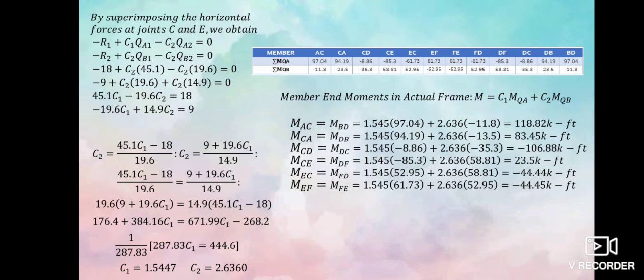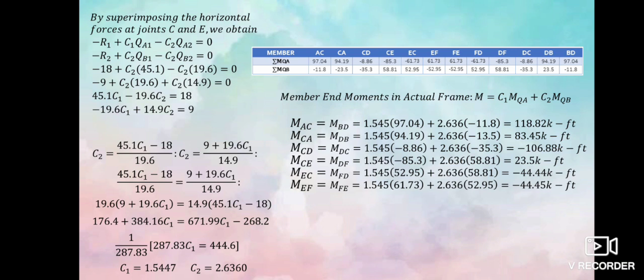The moment of AC equals the moment of BD, resulting in 1.545, the value of C1, times 94.04, the MQA of AC, plus C2, 2.6360, multiplied by negative 11.8, the MQB of AC, thus resulting in 118.82 k-feet.